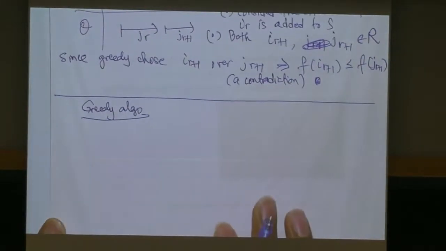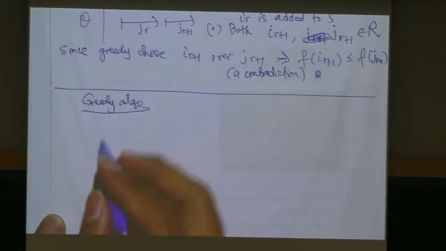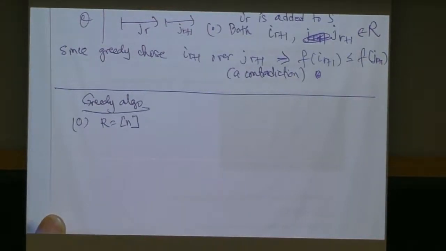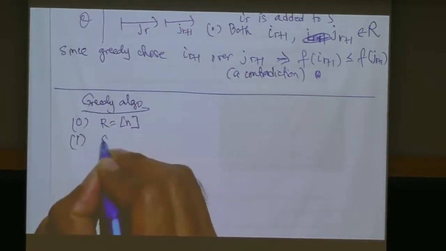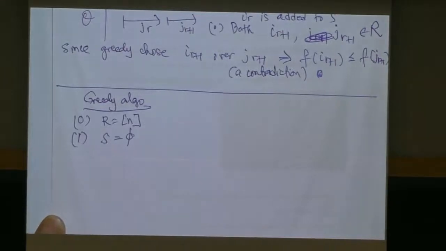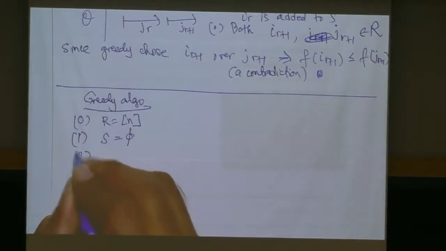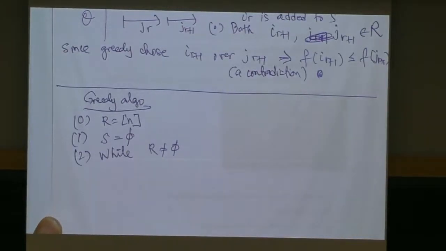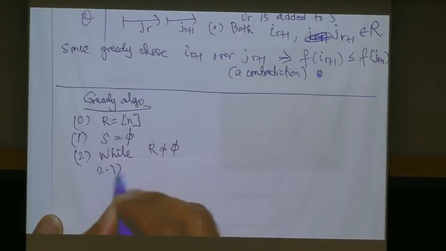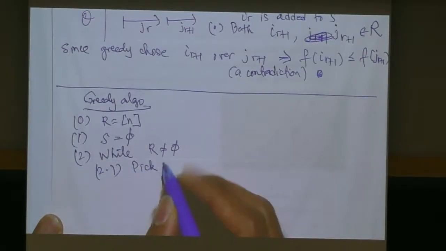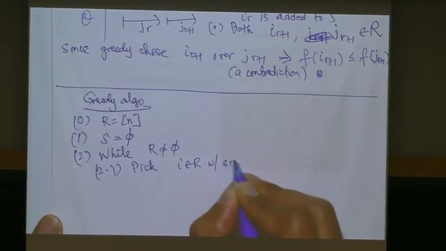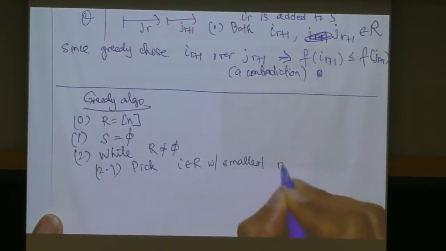Again, just as a quick reminder, here's the greedy algorithm. You initialize the set R to everything. You initialize your final set of schedules to be the empty set. And while you still have intervals that you have not dealt with, pick i in R with the smallest index.